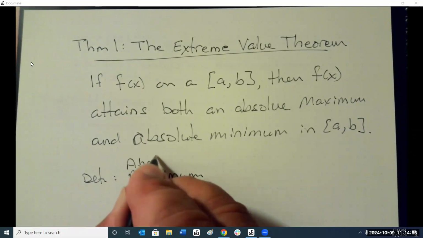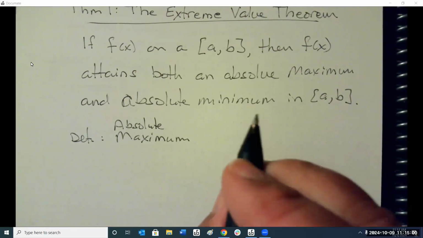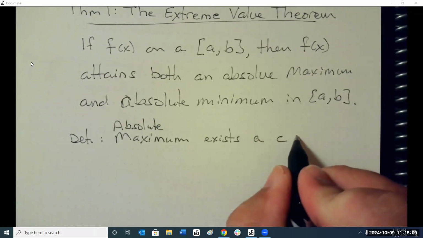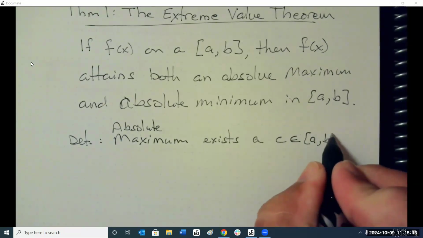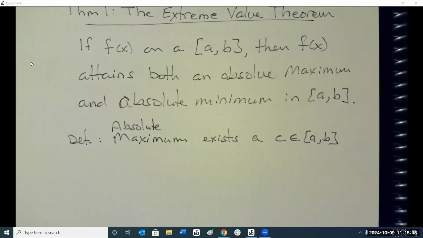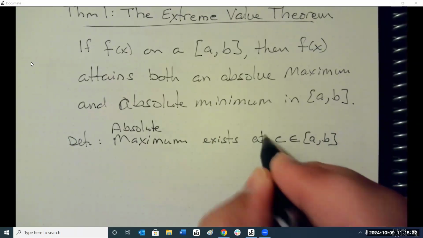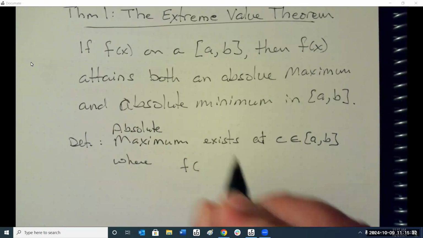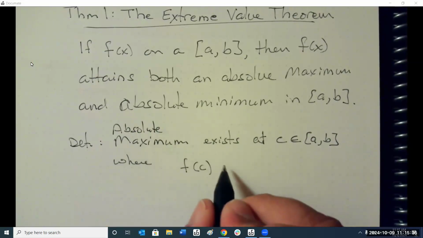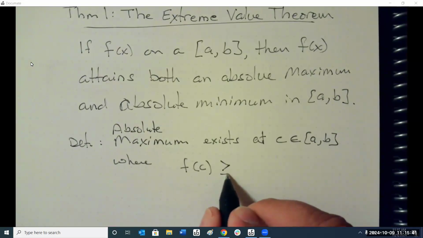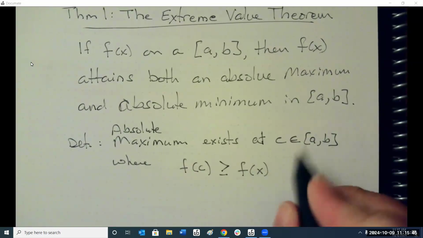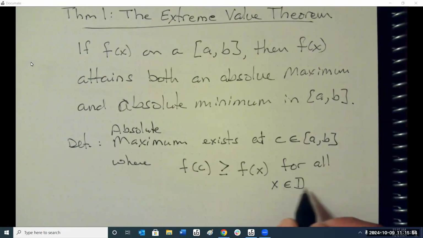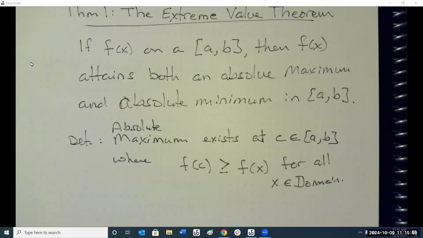An absolute maximum exists at C, which is an interior point, or a point somewhere inside that closed interval, where f of C, remember it's a maximum, is greater than or equal to f of x for all x's in the domain, a closed interval set.